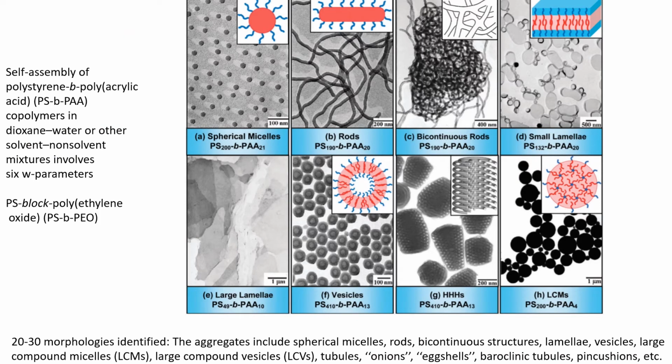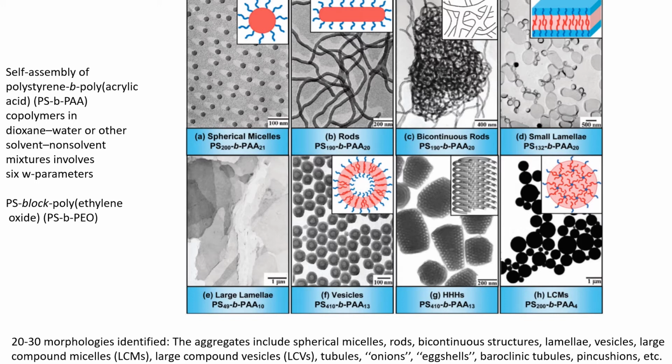Professor Eisenberg tuned the chemical structure of his polystyrene block polyacrylic acid, and he got different polymorphs such as spherical micelles, rods, bicontinuous rods, small lamellae, large lamellae, vesicles, and even large compound micelles.